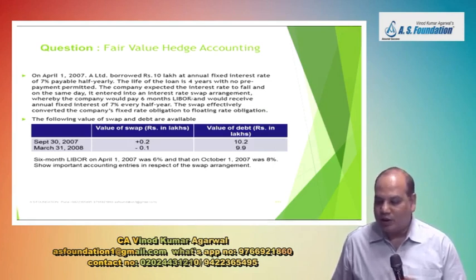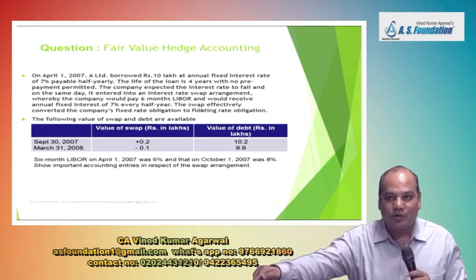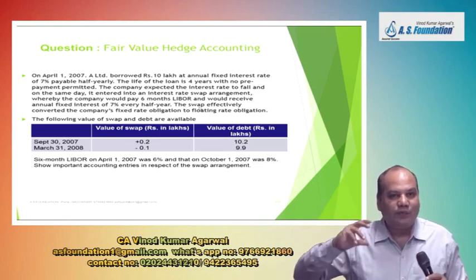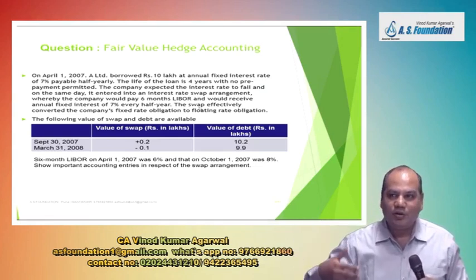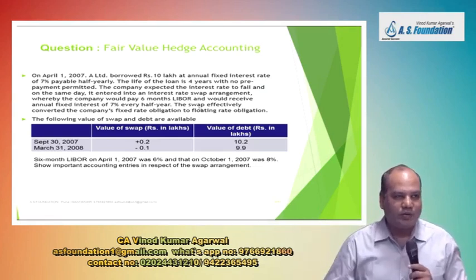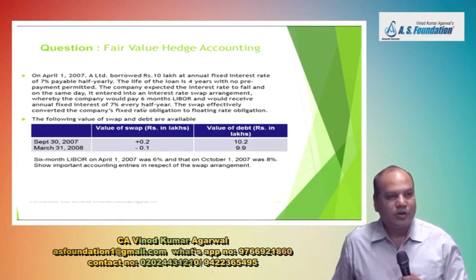So on the same day, it entered into an interest rate swap arrangement. What is the arrangement? The company would pay 6-month LIBOR because they expect that the interest rate will fall. So they will pay at a variable rate, floating rate, so that if LIBOR falls, they will pay lower interest, and would receive an annual fixed rate of 7% every half year.